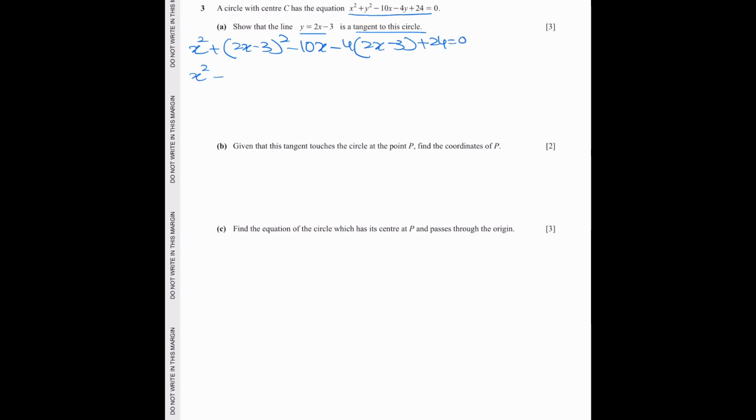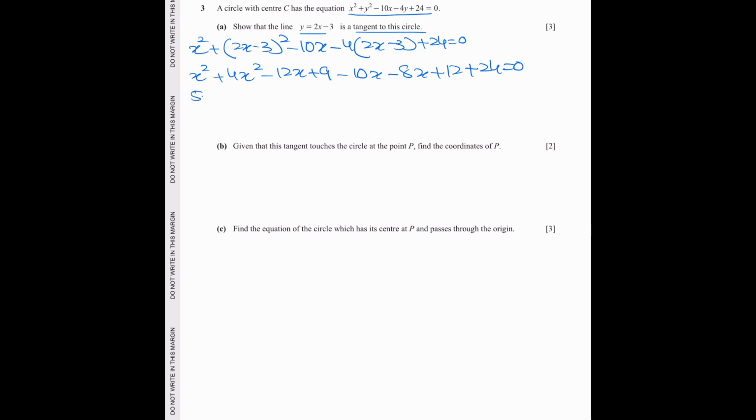So x square plus 4x square minus 12x plus 9 minus 10x minus 8x plus 12 plus 24 equal to 0. So this is 5x square, minus 12x minus 10x minus 8x is minus 30x, and 9 plus 12 plus 24 is 45.